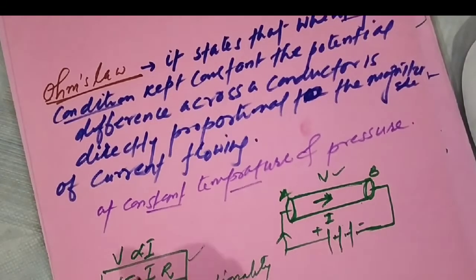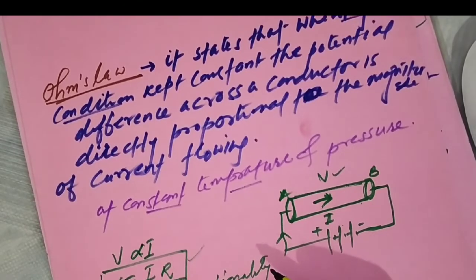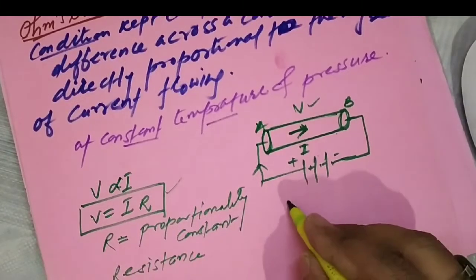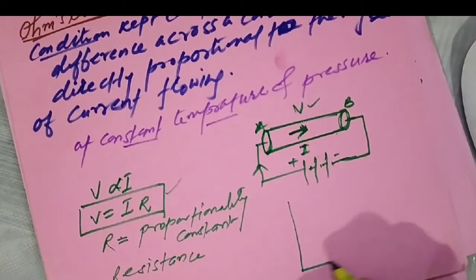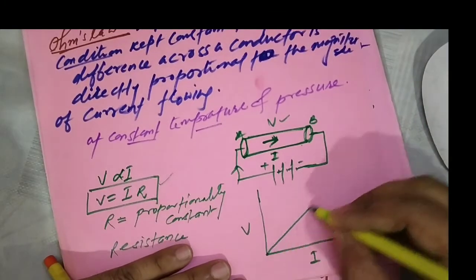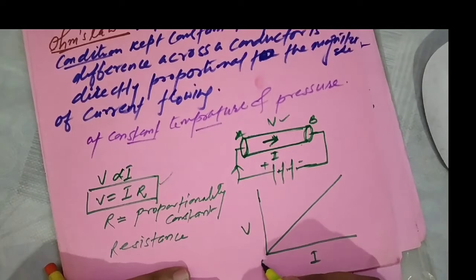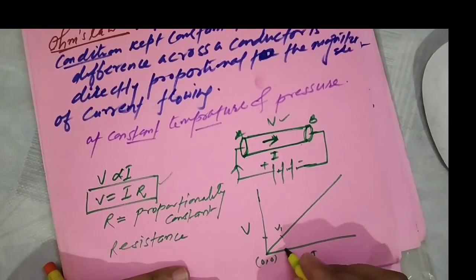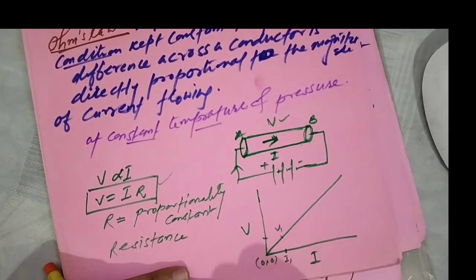Proportionality means if you have a 5 volt battery, you will have the current according to the 5 volt. If you apply a 10 volt battery, the current will rise according to the 10 volt battery. If you use a 12 volt battery, the current will rise accordingly. So if we see the graph for Ohm's law, the graph will be a straight line passing through the origin. For example, say this is V1 and this is I1.